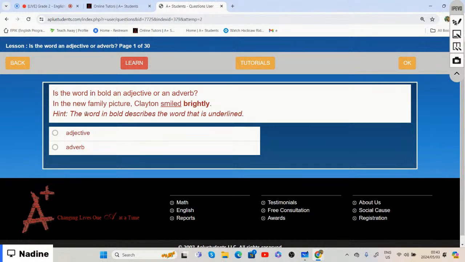Look at the word that is underlined, right? You need to ask yourself, is that a noun or a verb? Something that someone is doing, like if you're doing something, you're smiling. So which means that this smiled is a verb, which means that brightly is going to be option two, which is going to be an adverb.